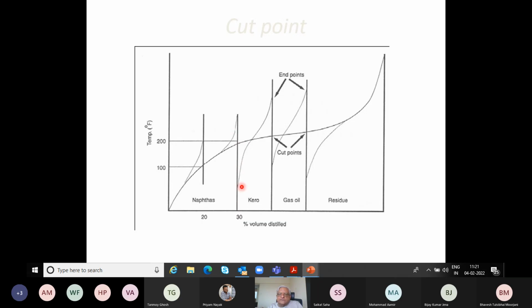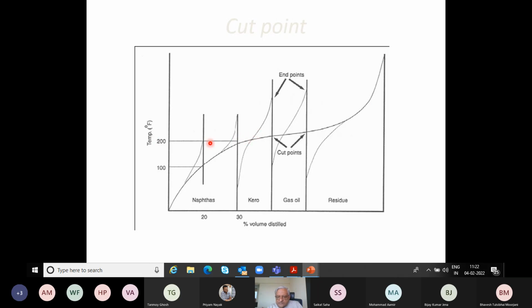And basically, if you take the kerosene fraction and do a TBP of that, you will find that it goes something like this. It brackets the typical crude TBP curve. So this is the crude TBP curve, and the mean average boiling point will be exactly the same.